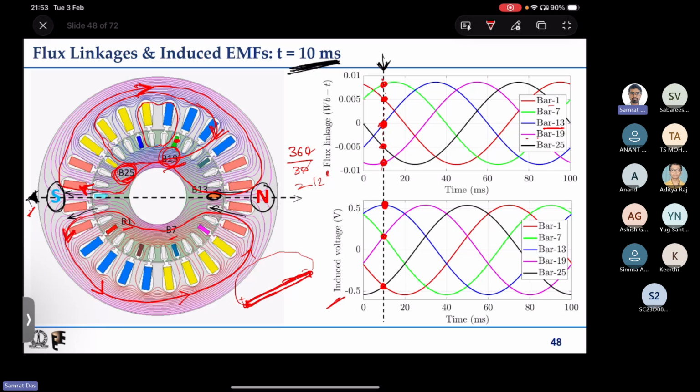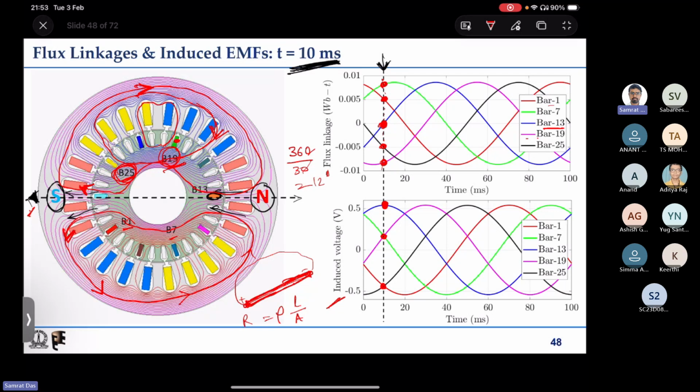Because the bar is made of copper or aluminum, some conductive material, it will have some resistivity, a certain length and cross-sectional area, so it will have some resistance.